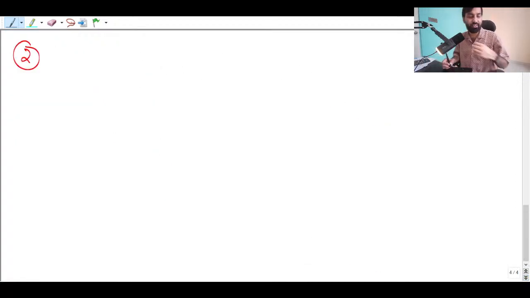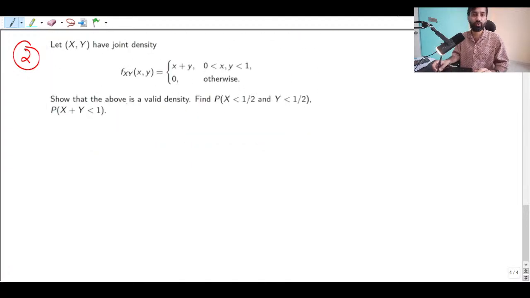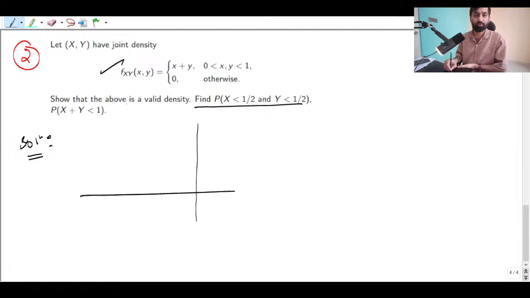Let's say the density function is given here, and you have to find this first. So the solution is that you first try to draw the region of support. This is x and this is y, in two dimensions, and you can figure it out.